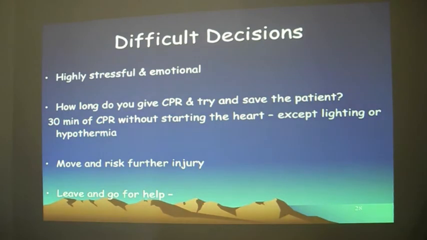And that's where it comes in that difficult decision. I can tell you after 2 minutes of CPR, your chest compressions are no longer effective, and that is why we rotate out people doing compressions about the 2-minute mark, because we are not doing any good after that time. But there are some exceptions, except in lightning or hypothermia.